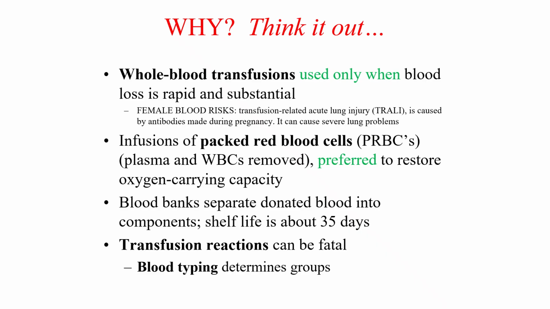Remember, the antibodies, everything, and so those antibodies, when donated to the recipient, can cause the recipient to have some severe lung problems. It can lead to fluid buildup in the lungs, and that individual can have some pretty serious respiratory distress. So if we don't have to do whole blood transfusions, it is preferred to just donate the parts that are needed.